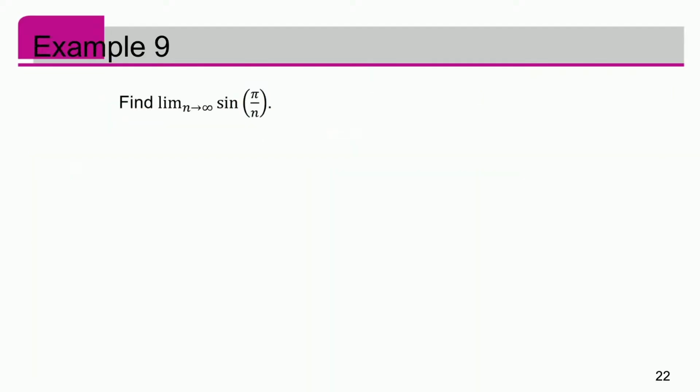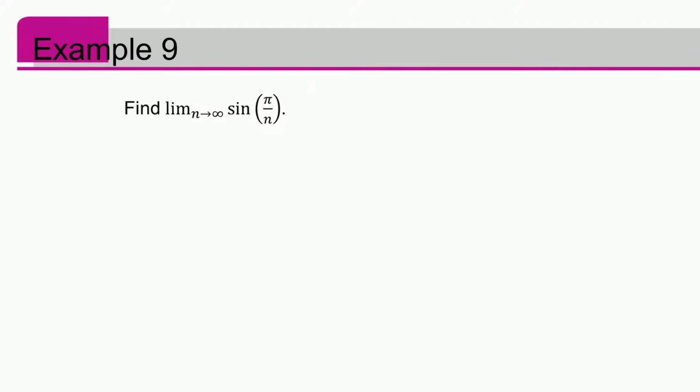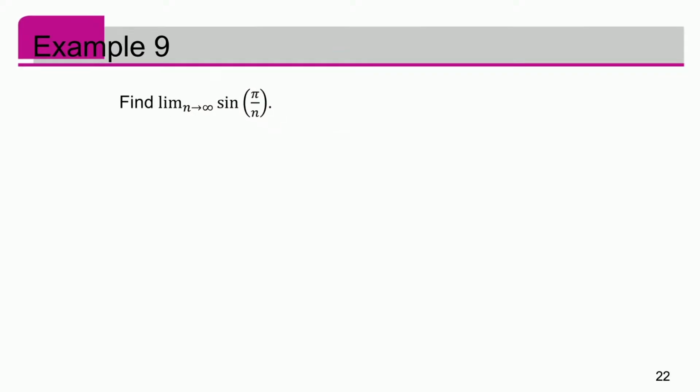So with that said, let's take a look at this. What is the limit as n approaches infinity of sine of pi over n? So let's go ahead and try this out. This actually illustrates both of the things that I was showing you there.